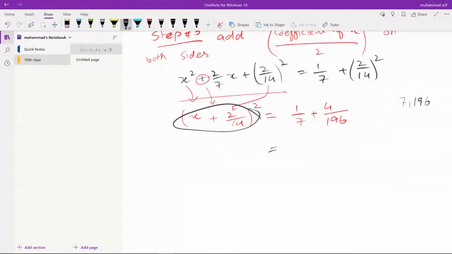By using a calculator, we can find out: 7 twos are 14, 7 eights are... LCM of 7 and 196 is 196 again.